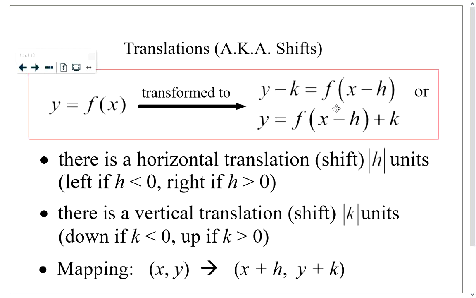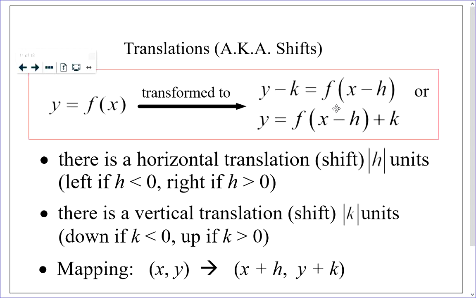Lastly, the mapping, and I don't know that we're going to need to resort to mapping to answer any of the questions that I'm about to go over. But when you take a look on the graph at what happens to x, x changes to x plus h. And note that it's x plus h, there are no absolute value signs in that mapping statement.